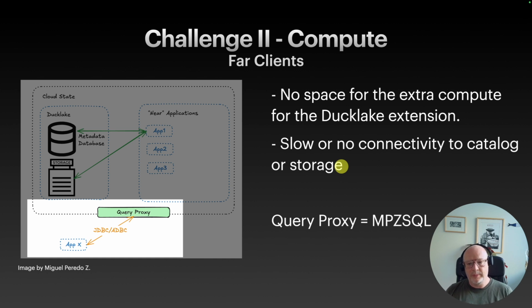That's not possible. Or it could be that the connectivity to the catalog or to the storage is slow, or there is no connectivity because maybe you don't want to expose these things to the public internet, and the service you want to use cannot provide you a fixed IP or a private endpoint or whatever.